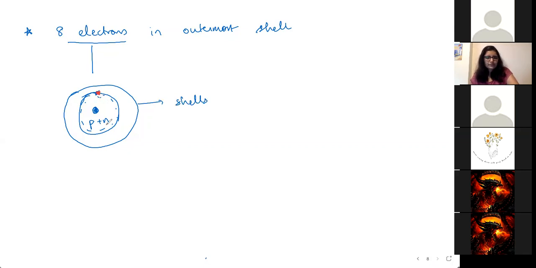Shells होते हैं, और shells में you have electrons. Protons, neutrons are also parts of the atom. They are present in the nucleus. Okay, very nice, Ashka. That is correct.